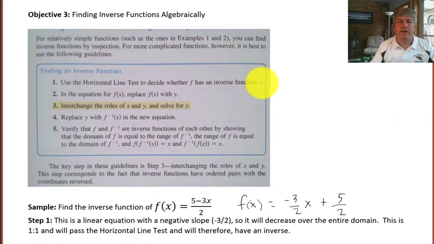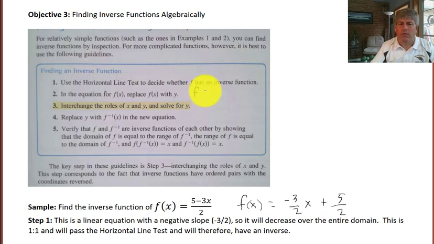We can also find inverse functions algebraically. The process is laid out here. First, you can use the horizontal line test to decide whether the function has an inverse. In the equation for f of x, replace f of x with y. We've actually been doing this for a while.